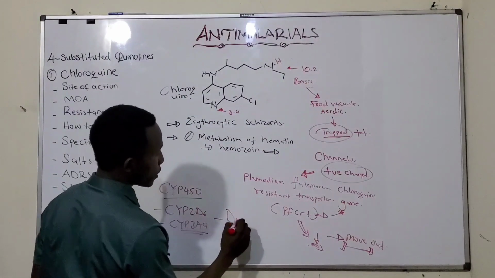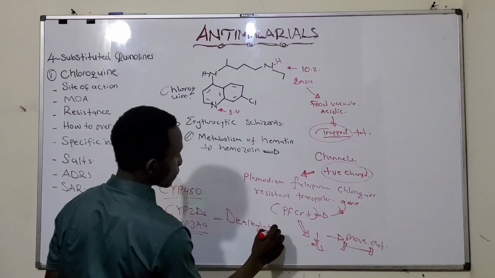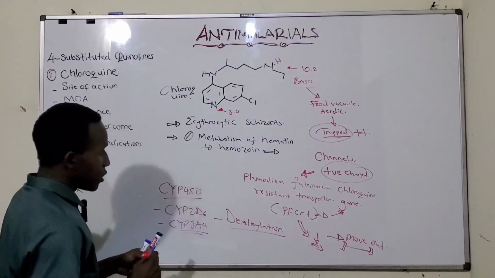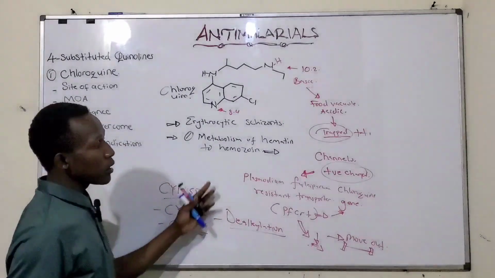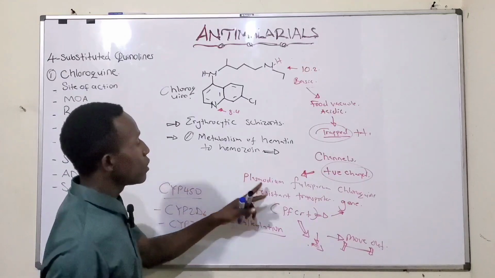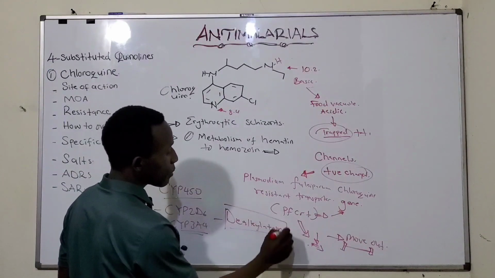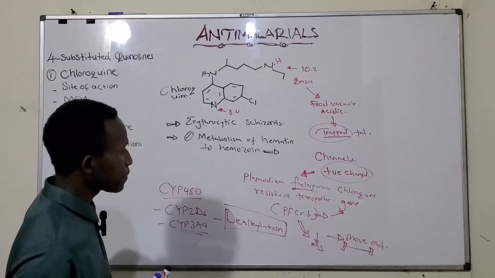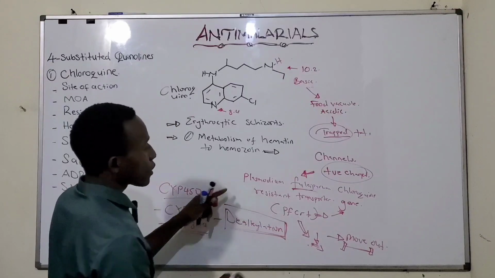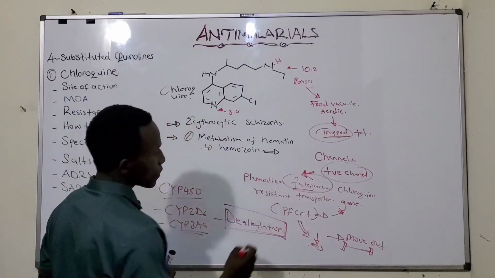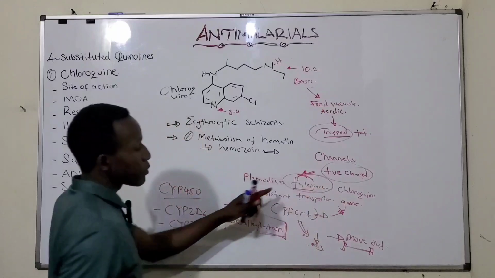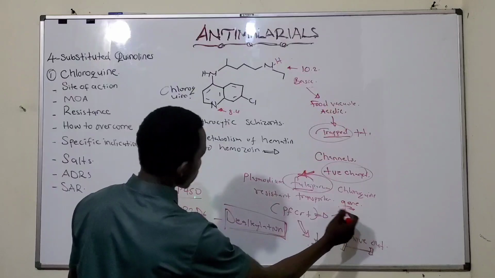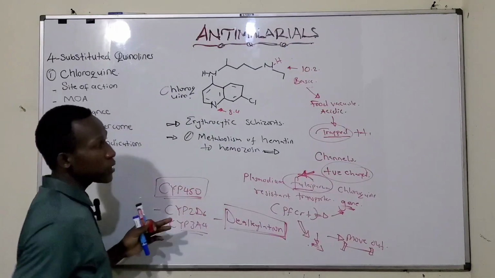This means the drug is inactivated, and we may have resistance because of the reduced concentration of the drug to combat the plasmodium, mainly Plasmodium falciparum. So the falciparum species can get resistant to the drug due to this gene mutation and due to CYP450 enzymes.